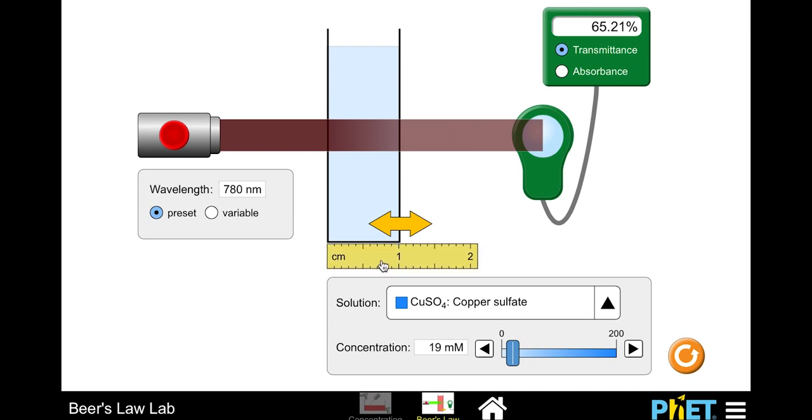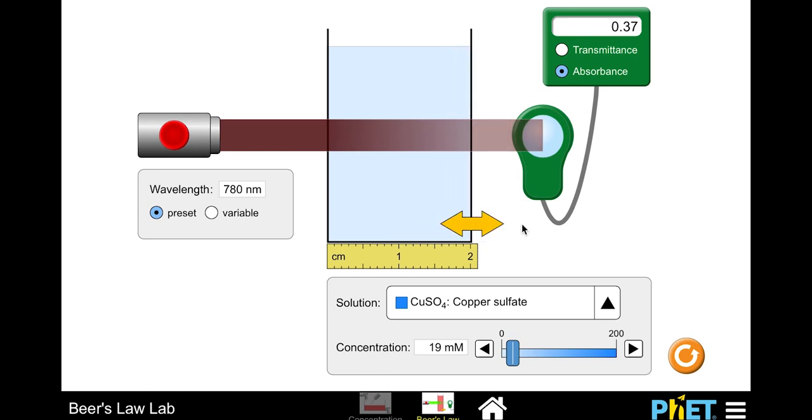The absorbance and transmittance depend on the length of the cuvette. Remember, this method is non-disruptive, so colorimetry can operate without disrupting the course of the reaction. Let's say in this case the absorbance is 0.19. As the length of the cuvette increases, the absorbance also increases.